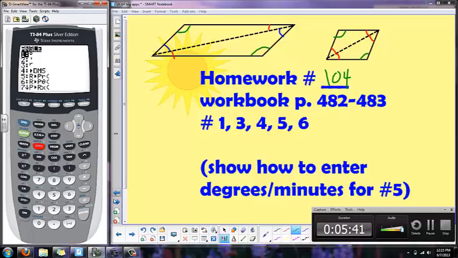Second apps, that's the degree symbol. And then, say it's 30 minutes. Second apps again, and then second line down, that is the symbol for minutes. And then hit enter, and it's 100.5 degrees. So if that's what you need to do on the homework to punch it in degrees and minutes, then that is how you do that.